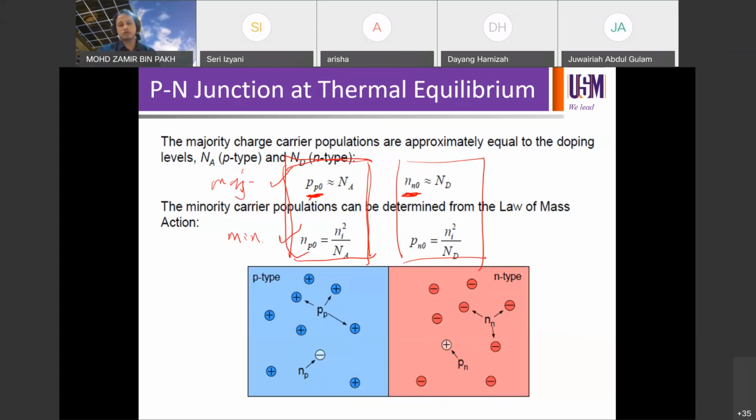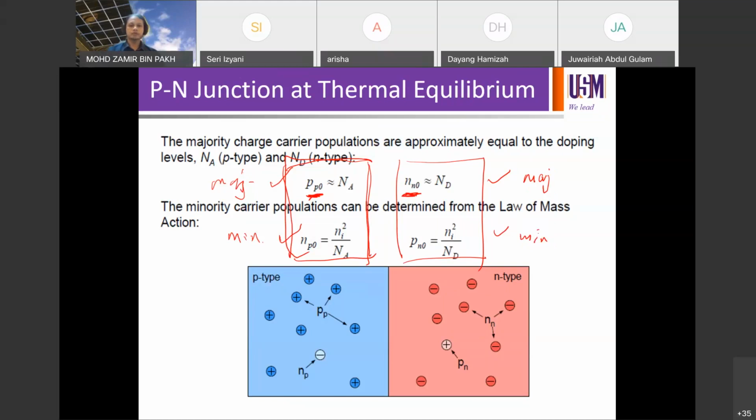On the other hand, it's also true for n-type material, where the majority is up here. Majority is given by nn naught or Nd. Therefore, the minority is given by pn naught, and is equal to ni squared over Nd, or ni squared over nn naught.